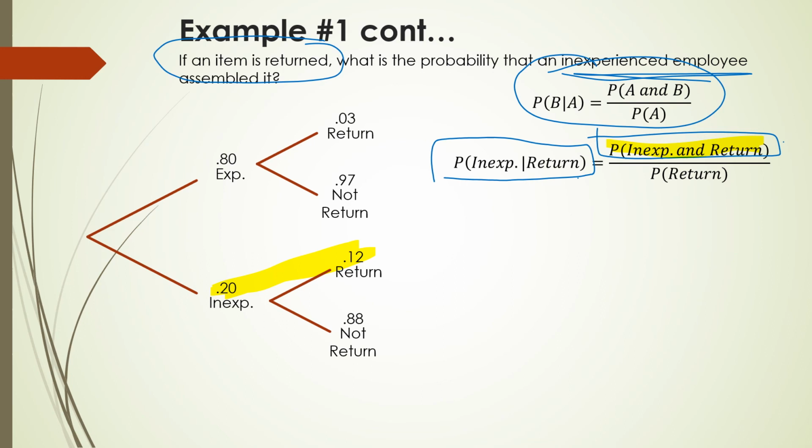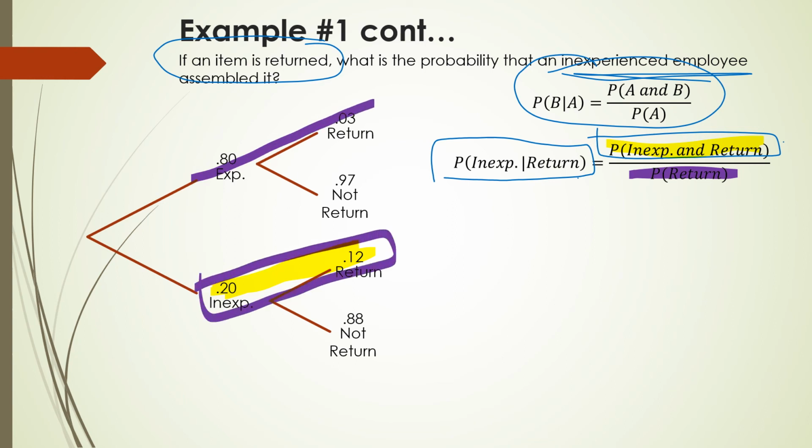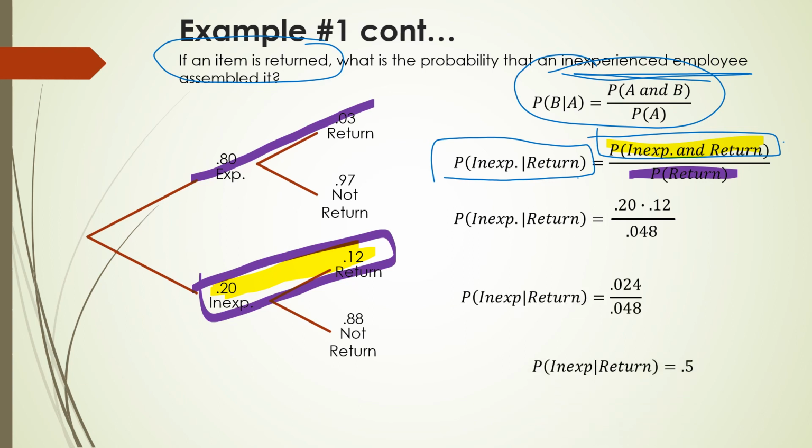So I'm going to put that in purple. You need the addition of all returns. You need that. So we've already done that, so we actually know our denominator. So probability of inexperienced return, again, that's 0.20 times 0.12 divided by the probability of just return, which is what we did in the previous one. And we divide it, and that is our answer.